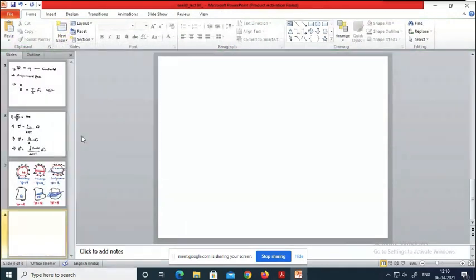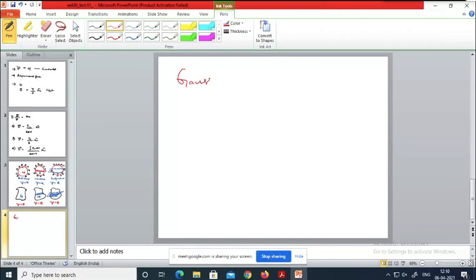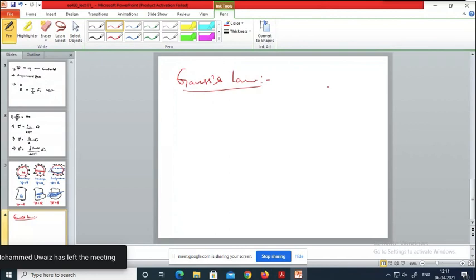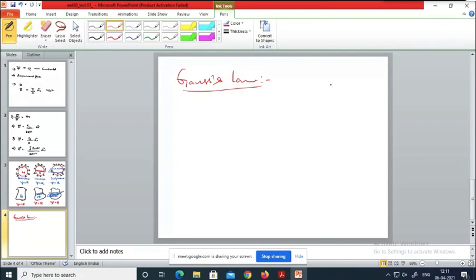So what Gauss law states, I'll just write it here. Gauss law: the electric flux passing through any closed surface is equal to the total charge enclosed by that surface. So flux leaving the surface will be equal to what? The total charge enclosed by that surface.